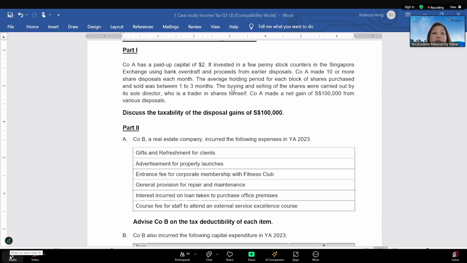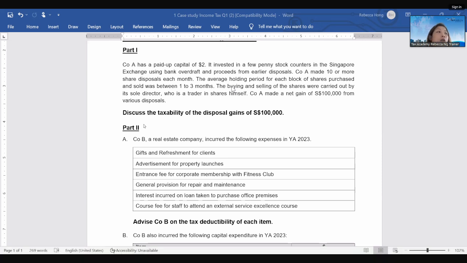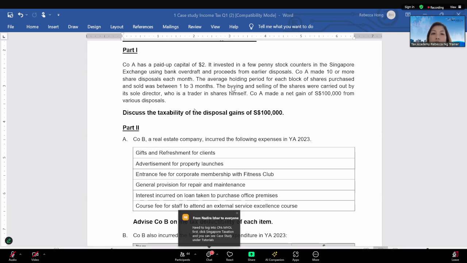So it is of a similar nature, penny stocks, right? 10 or more disposals, and they also buy stocks.